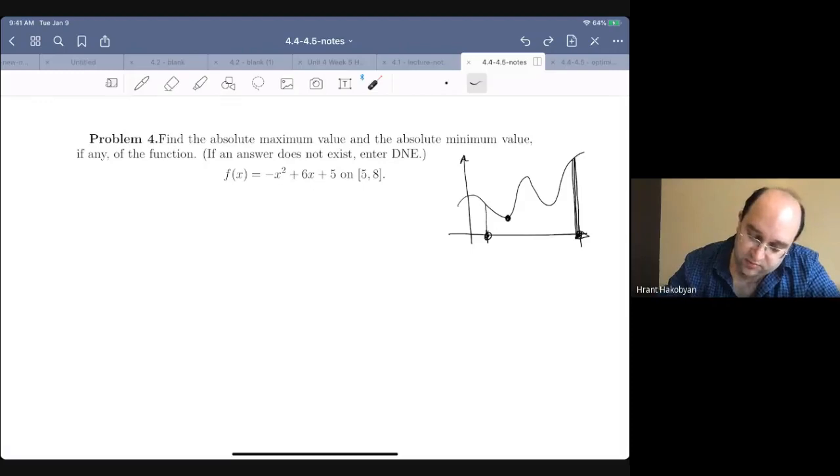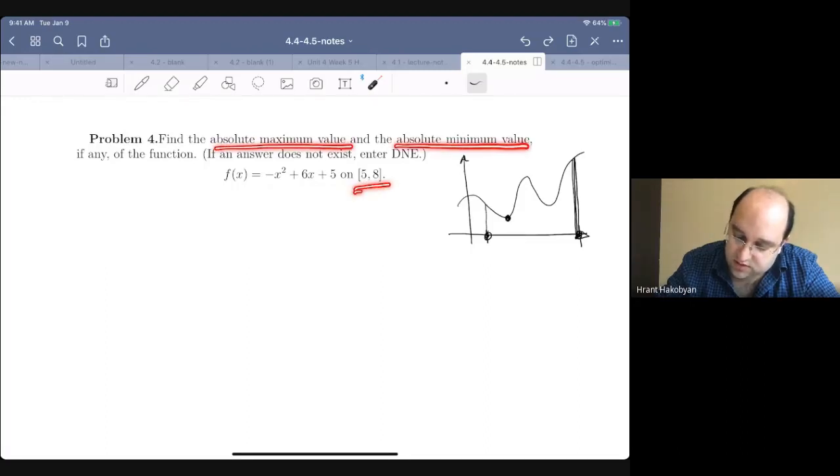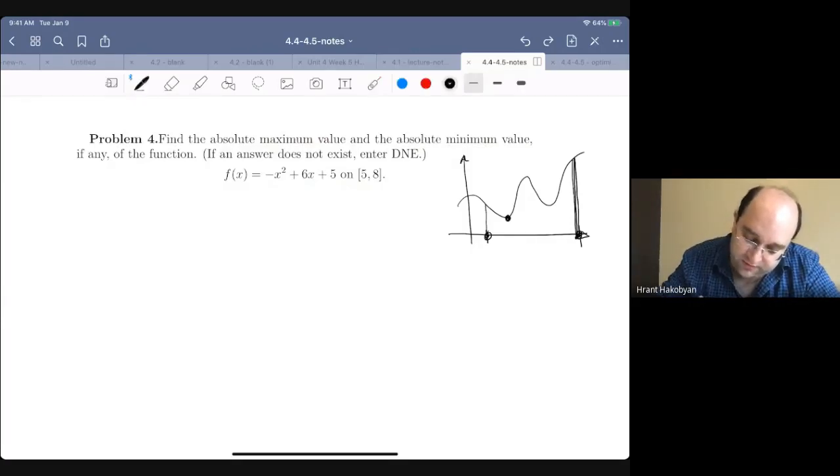Okay, so problem 4, this is my function. I have to find the absolute maximum and absolute minimum on this interval here. So first, again, we're going to find the critical points. There is actually going to be 1 again in this example.